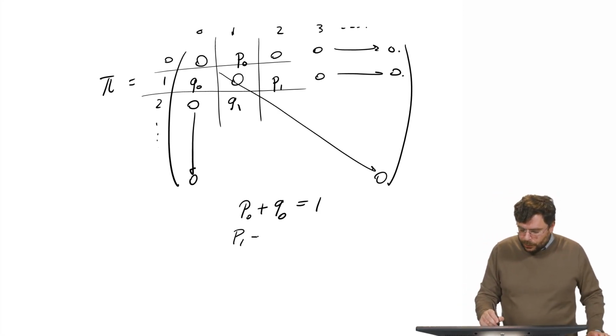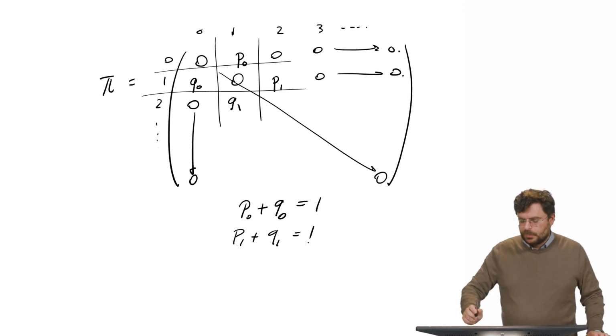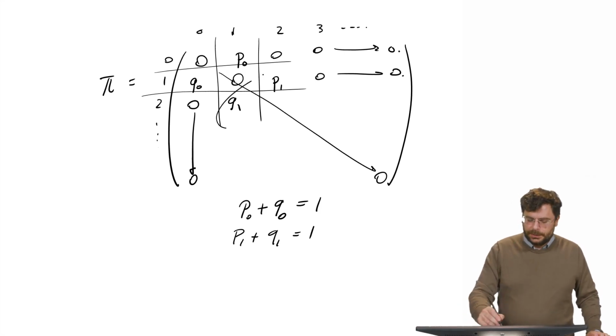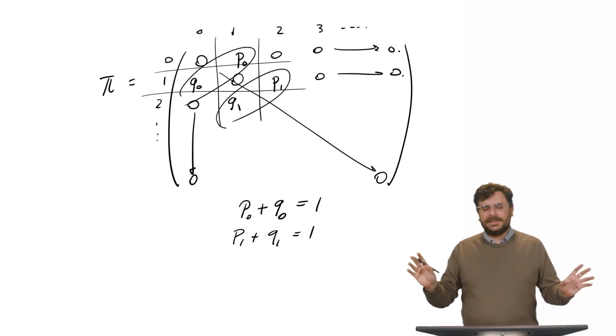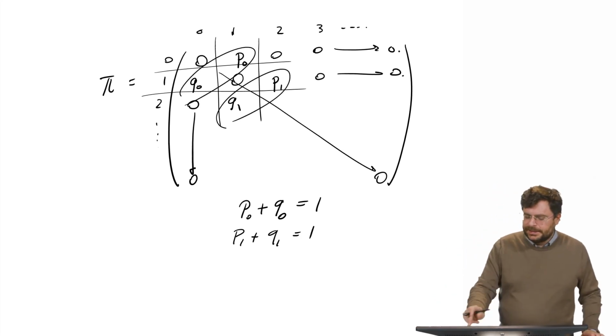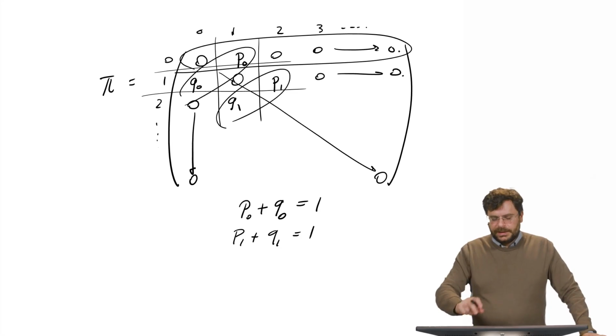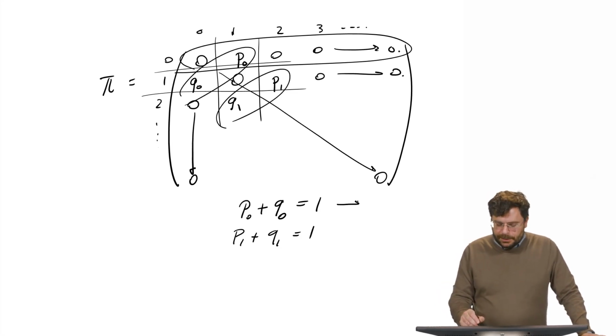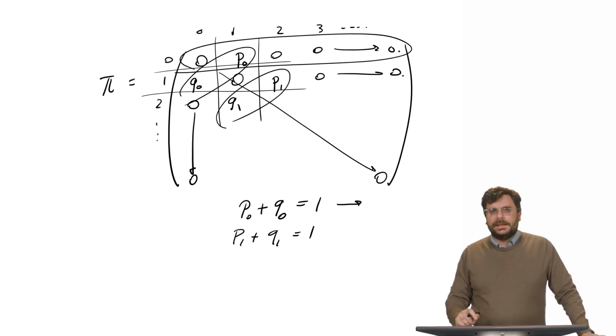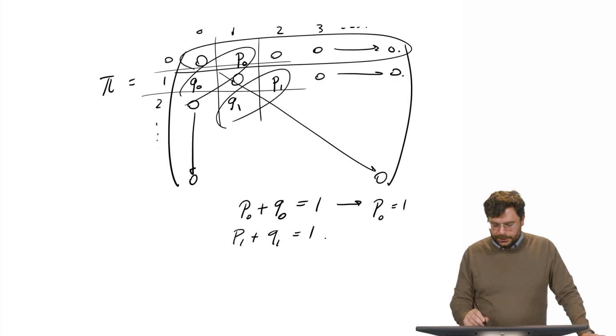Furthermore, P1 plus Q1 must be equal to 1. Now you're going to say, well, one second, this is not the same as saying that the elements of a row must sum to 1. That's also true. It's also true that all of the elements of any individual row must sum to 1.